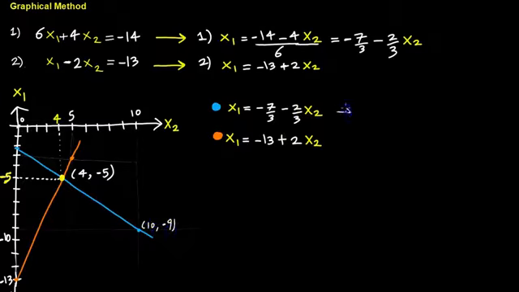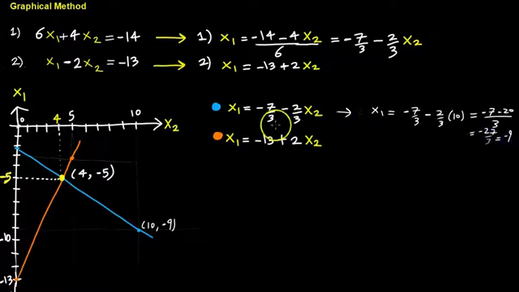Let's just verify that really quickly. So x1 is equal to negative 7/3 minus 2/3 times 10. Let's put everything over 3: negative 7 minus 20 is negative 27 over 3, which is negative 9. And that confirms my y value, or x1 value, which is over here.